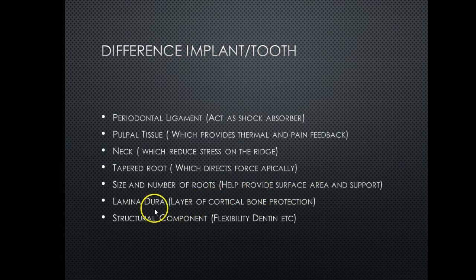The lamina dura is a nice strong bone that the periodontal ligament attaches to, which gives you a protective cortical bone around the tooth. Obviously, there is also a structural component, because unlike titanium, the tooth has somewhat of a flexibility with its dentin component.